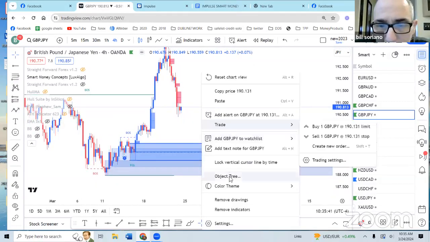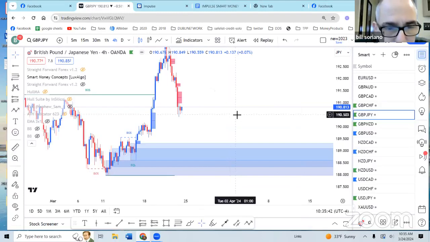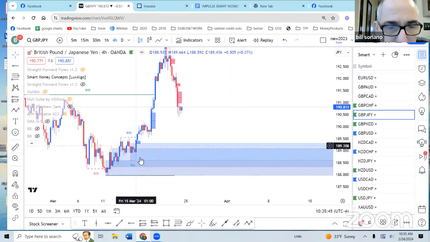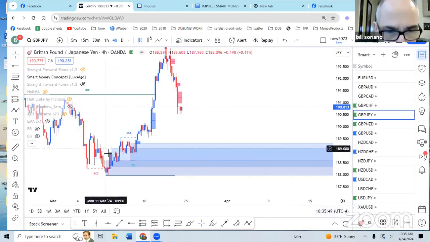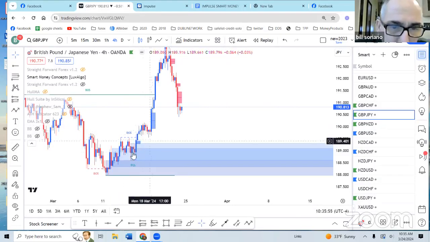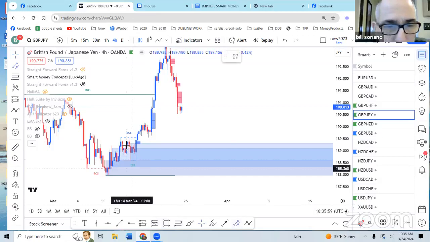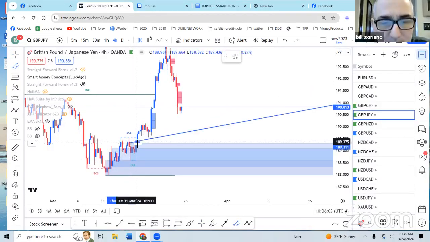Let's just remove our drawings here. We have a few order blocks that are all lumped together here, right? And consequently, none of them have really been mitigated. If you don't know what mitigated is, you have to get my 9-part Smart Money Concepts course.